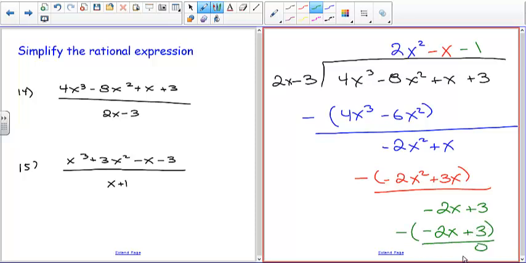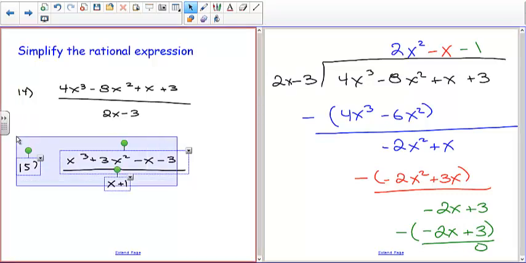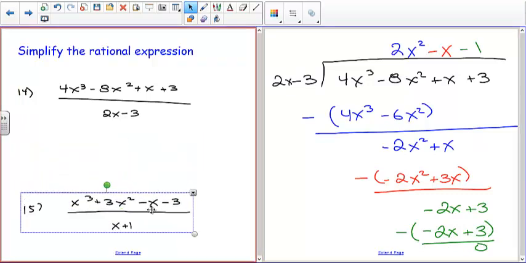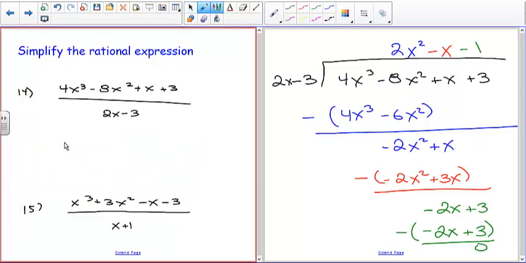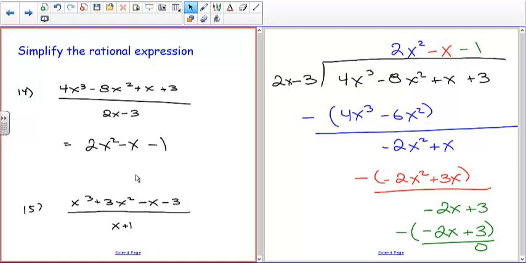So there's a 0 remainder, which is nice. So this simplified, we don't have a remainder, so that's nice. So we just end up with 2x squared minus x minus 1. I feel good that's the right answer, because chances of me coming out with no remainder, if there really was a remainder, is pretty small.